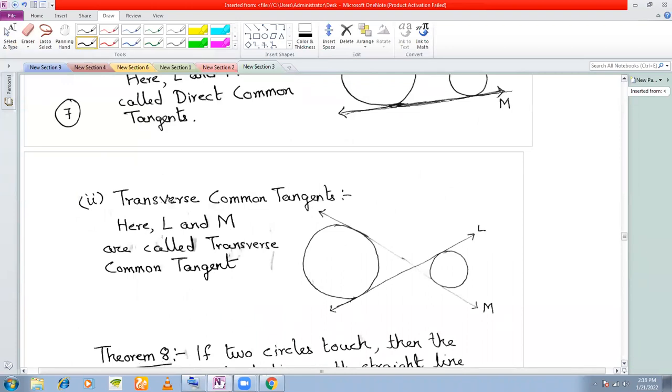You just draw a straight line here such that it touches this circle and touches the other circle, and here you draw a straight line like this such that it touches both the circles. When you draw tangents in this way, such tangents are called transverse common tangents to the two circles. So just know the definition for the time being and that will work.